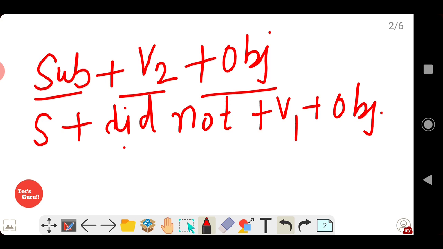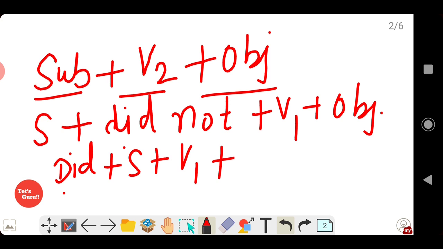And in the case of interrogative sentences, you will have to attach did at the very first place. It becomes did plus subject plus verb first form, then object. So the rule is: subject, verb second form, then object.